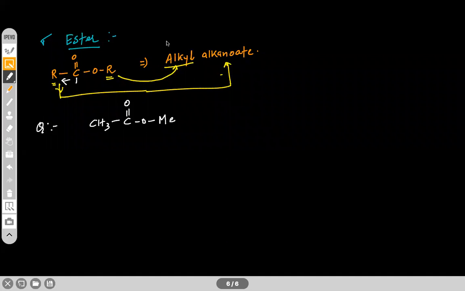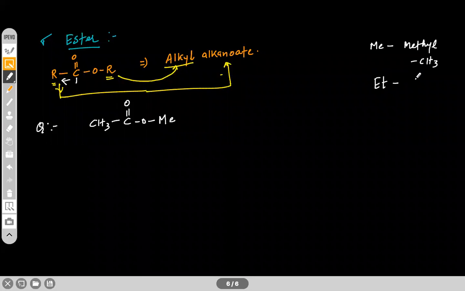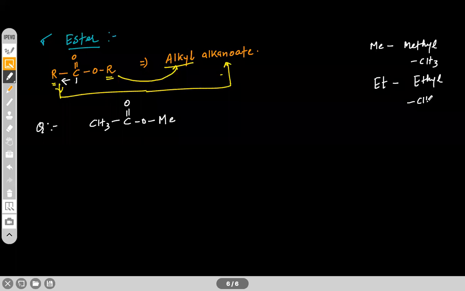Molybdenum? It's not molybdenum. This Me in organic chemistry, Me stands for methyl, CH3. Et stands for ethyl, CH2CH3. These are the two terms you must remember, Me and Et.